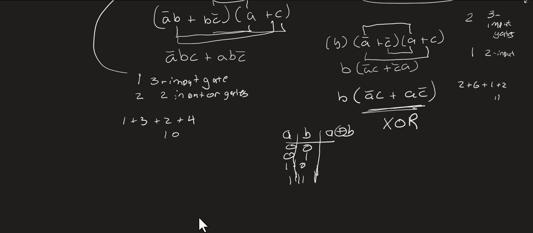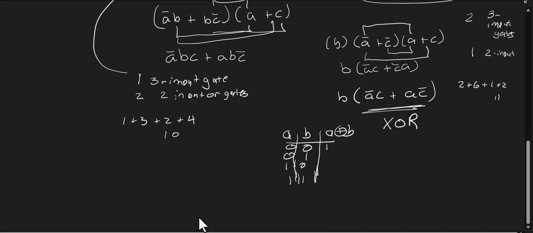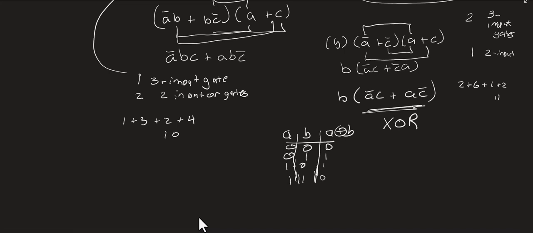But exclusive OR means it's either this one or this one, but not both of them. And so this has the table, so that gets you a 0, and this is a 1, and this is a 1, and this is a 0. And this is A B bar plus B A bar. So whenever you have that, that's an exclusive OR.